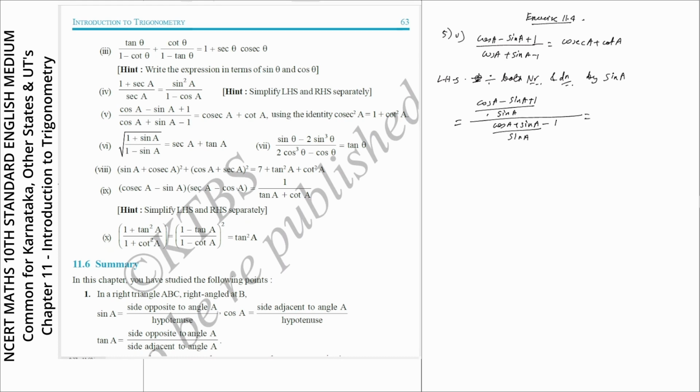So now numerator I am going to split it. So cos a by sin a minus sin a by sin a plus 1 by sin a I will get. I am splitting all the terms. Denominator also I will split.